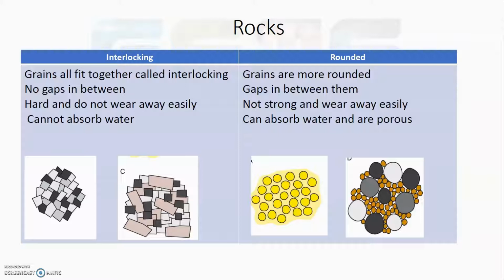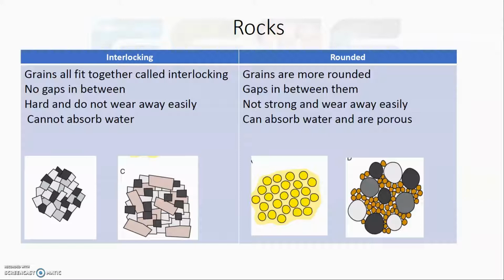They are hard, do not wear away easily, and cannot absorb water. This means the rock is extremely hard and almost impossible to break. If you try to put water in it, it will not absorb the water.